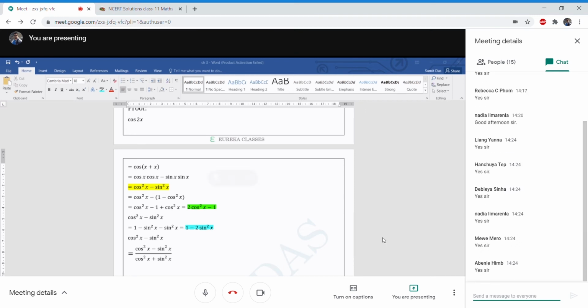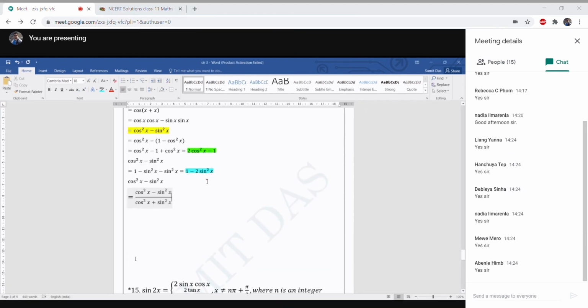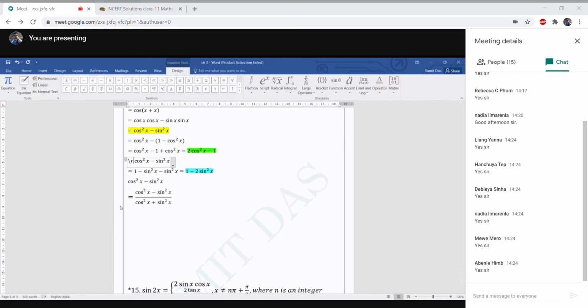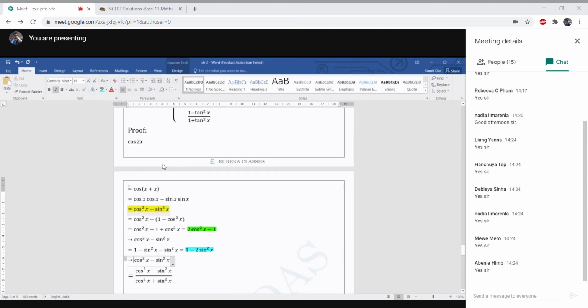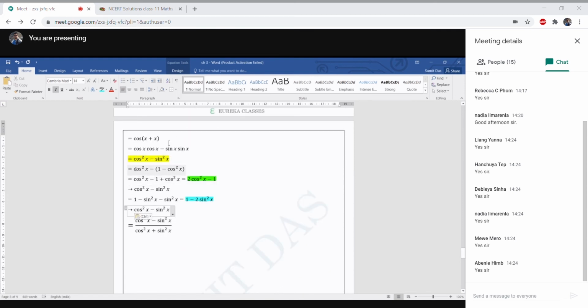If yes, why? Can I write this last line? How can I write this line?